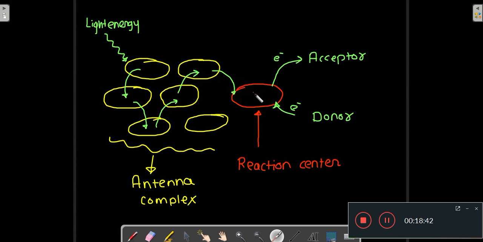Here the high energy electron is transferred to an electron acceptor, and a low energy electron is accepted from a donor, and that is how the chlorophyll in this reaction center comes to the ground state. That is how the energy flow occurs between the antenna complex and the reaction center.